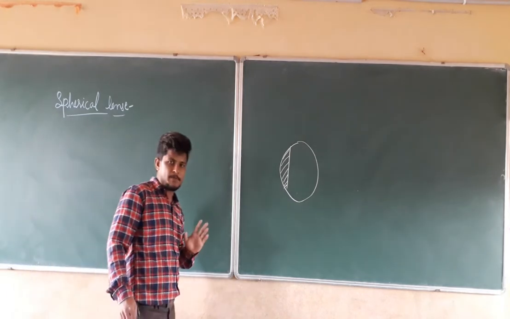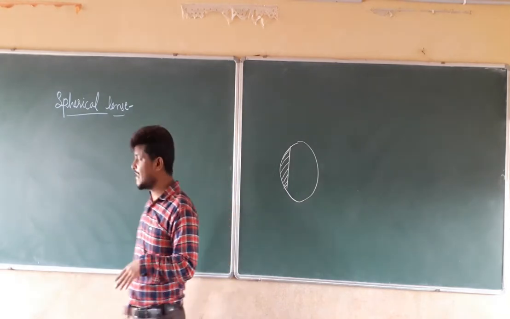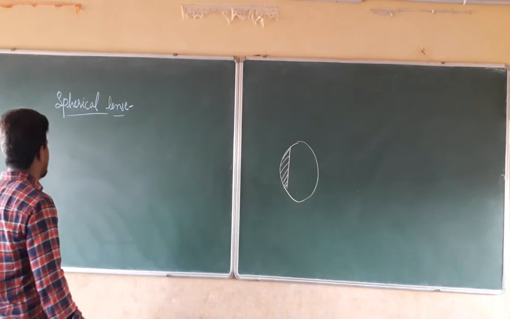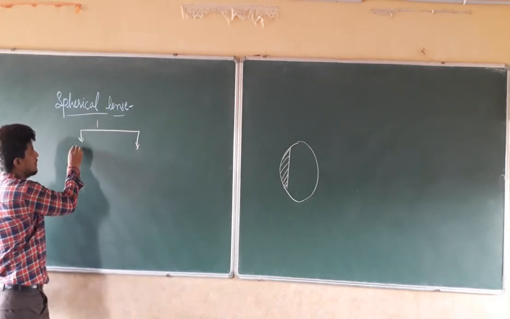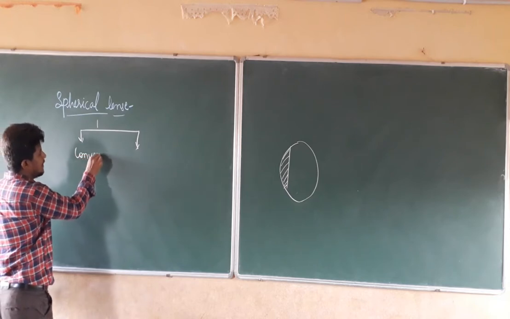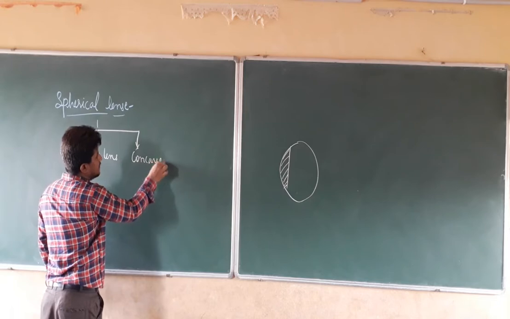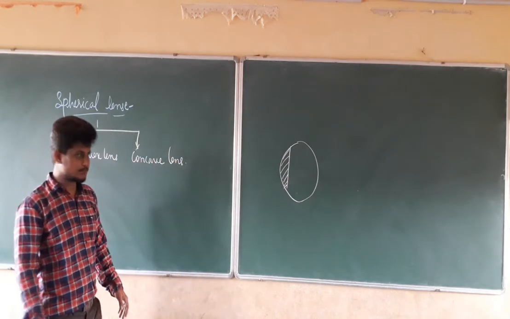There are 4 types of spherical lenses, but for our 10th syllabus only 2 are given. The first one is the convex lens, and the second one is the concave lens.